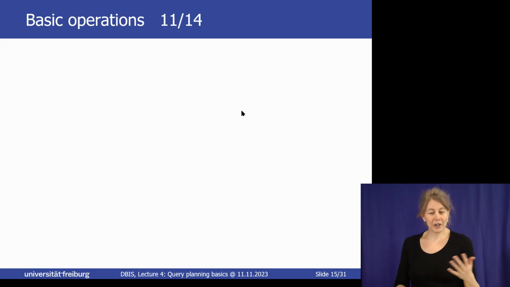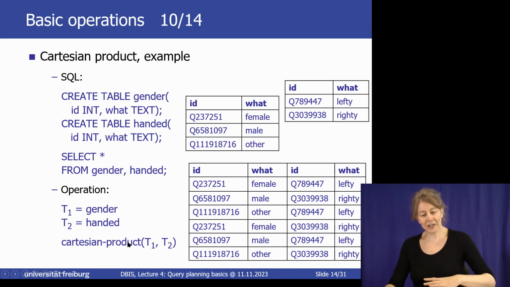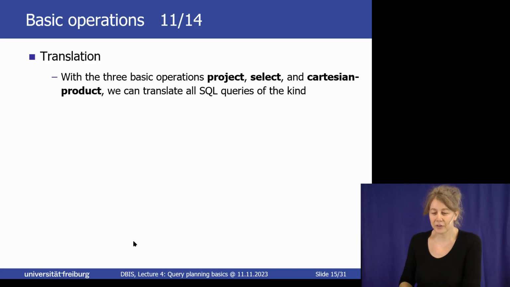So now we have seen it for each example: you have an SQL query and you translate it into, and here we didn't yet translate it into a sequence of operations, but one operation. Queries can be complex, and then it becomes sequences of operations.